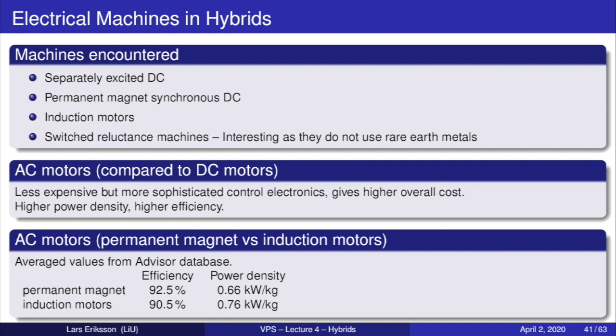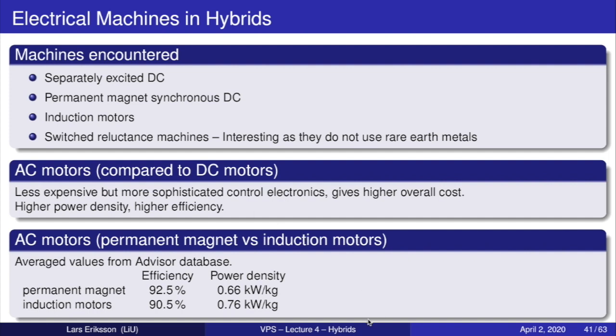But the main advantage is once again that the brushed DC motor requires a lot of service in terms of the brushes. The other advantage, which is very important for hybrids as weight is important, is that they have higher power density and higher efficiency.